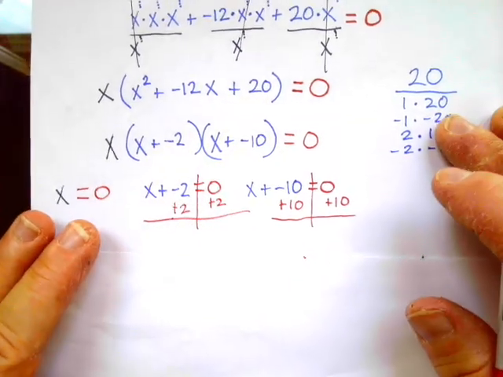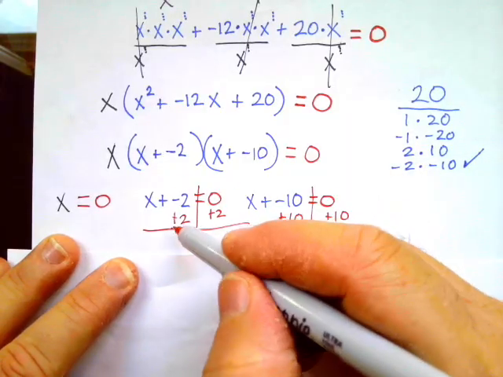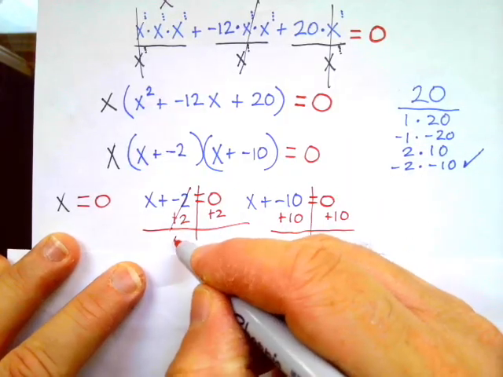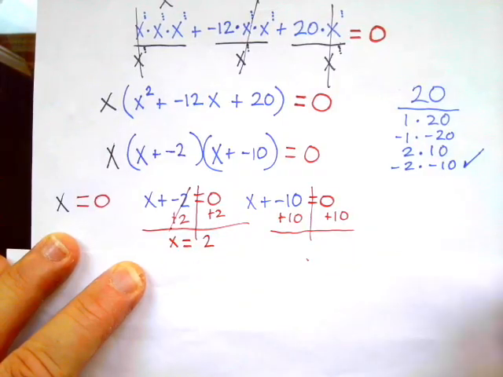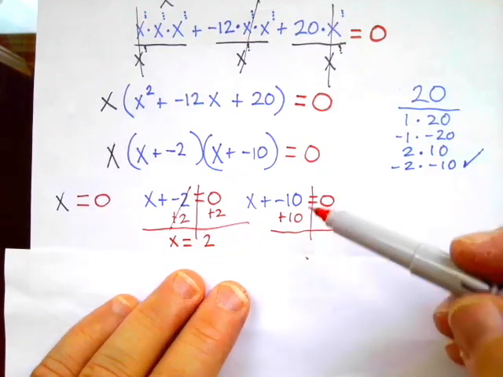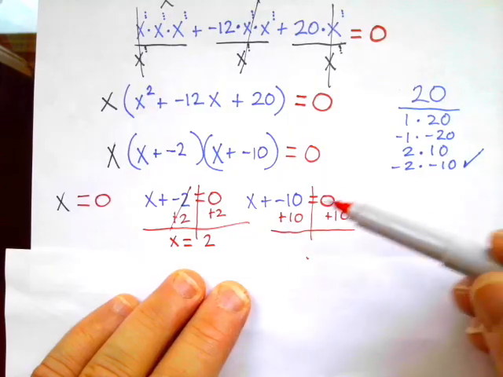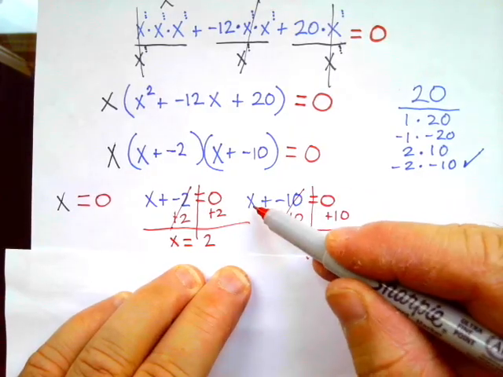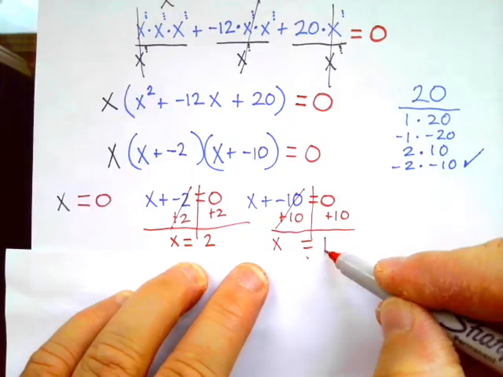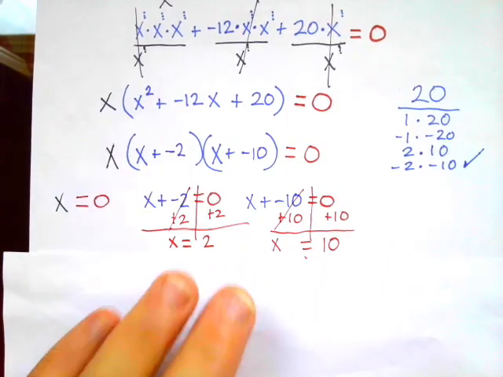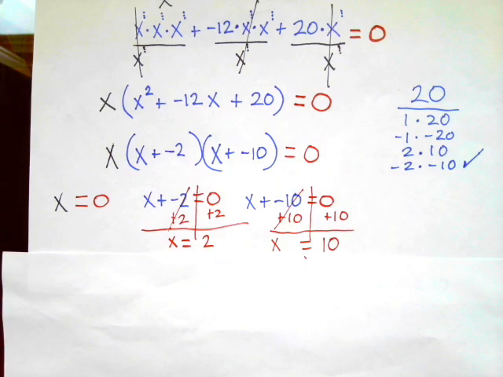If you haven't figured it out already, x equals 0 plus 2 is a positive 2. And again, negative 10 plus a positive 10 is 0, leaving me x all by itself equals 0 plus 10 is a positive 10.